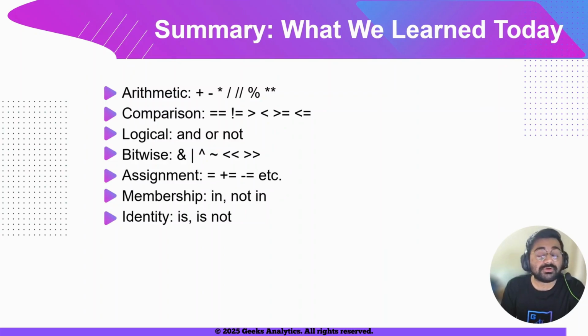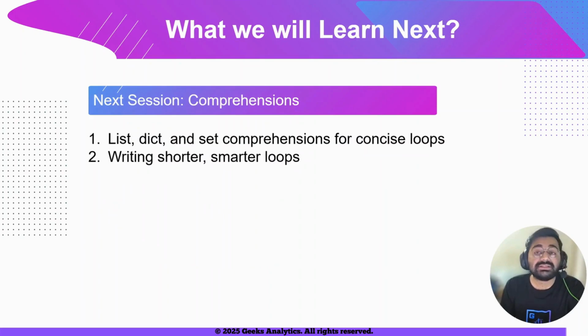These operators form the backbone of any computational comparisons or operations involved between data structures or any kind of sequence operations. In the next session, we'll see how to write more concise yet readable loops using Python comprehensions. These comprehensions are a great way to apply operations like filter and map, and to transform data efficiently.